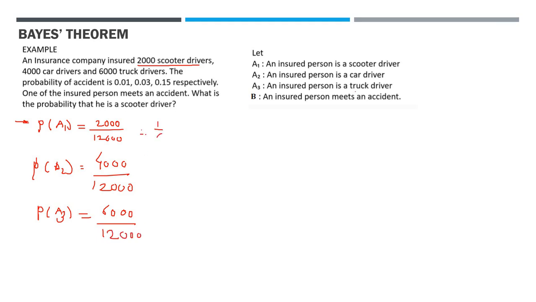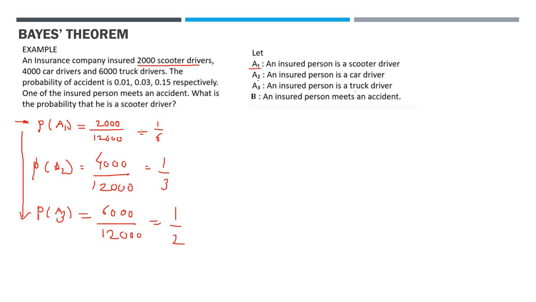So this comes out to be 1 by 6, 1 by 3, and 1 by 2. These are the probabilities for the particular number of drivers: for scooter it is 2000, for car 4000, for truck 6000.